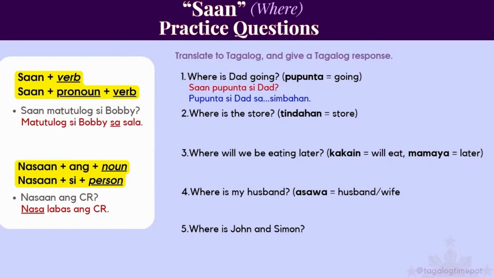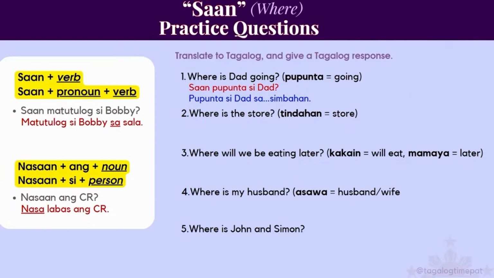Dad is going to church. Pupunta si dad sa simbahan. So you're kind of taking the second part of this question and using it in your response. Okay, so try practicing that. And there's that preposition sa again, to the church. Okay, pause the video now. You try the next 4 examples and we'll go over it together.